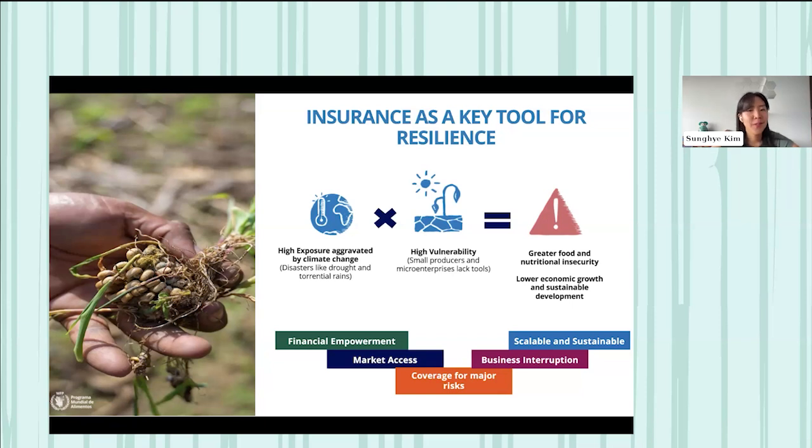Then market access. It is significantly important to connect farmers to larger markets to solve the difficulty they face in accessing broader sales opportunities. By creating pathways to these markets, we boost their income and support their economic growth.